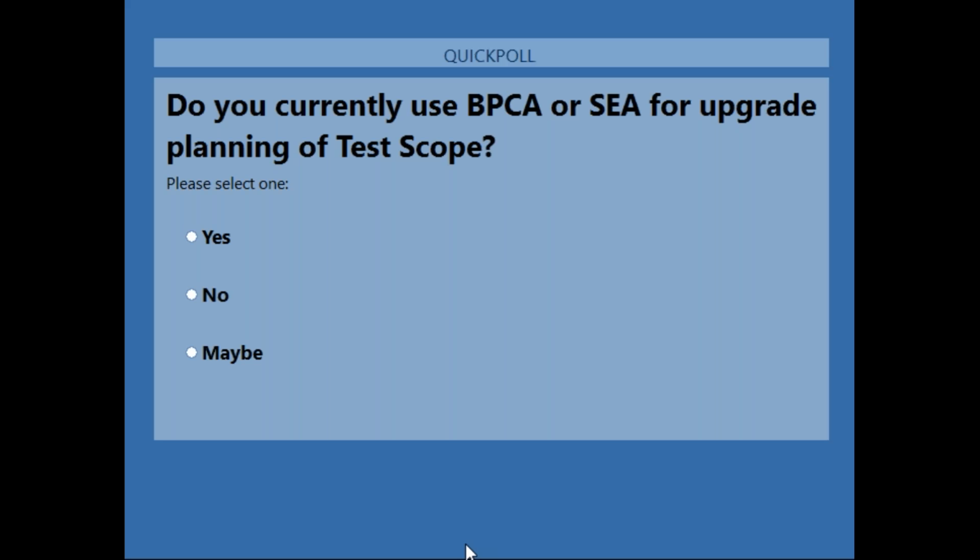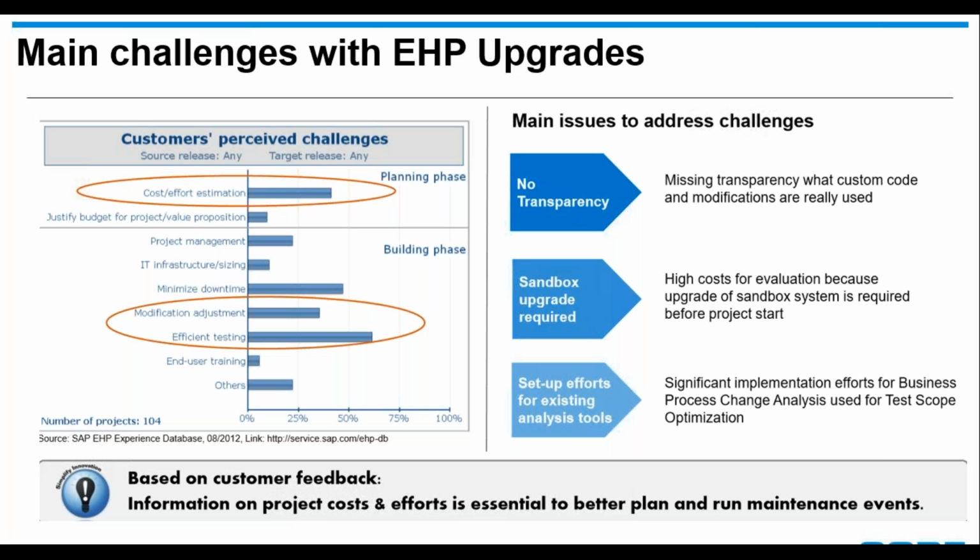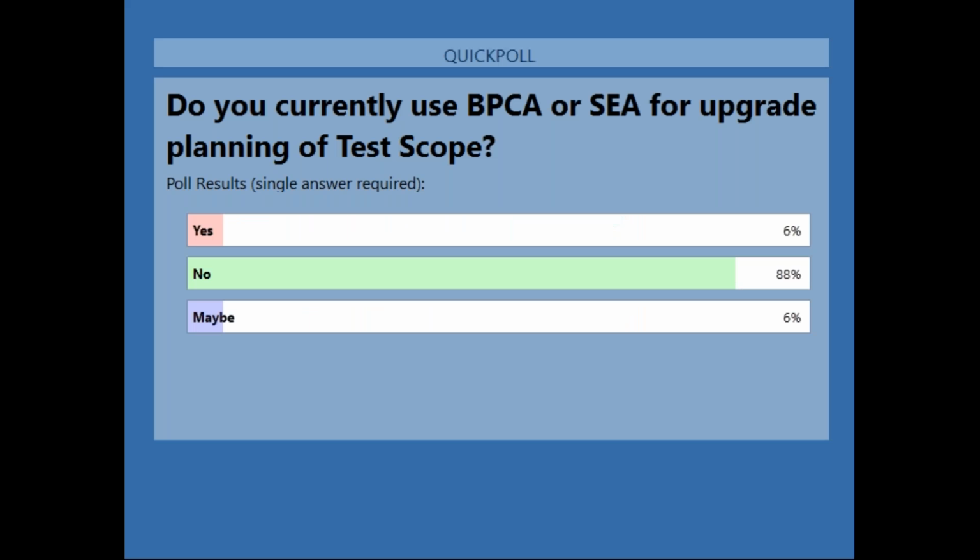Okay, we're going to go ahead and close the poll. I'm going to go ahead and share the results here so you can see. As you can see, 6% use it, 88% do not, and 6% are, looks like, more than likely unsure. So with that being said, Larry, why don't you go ahead and continue?